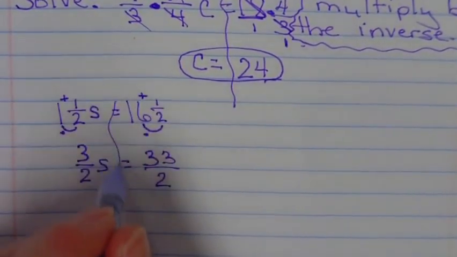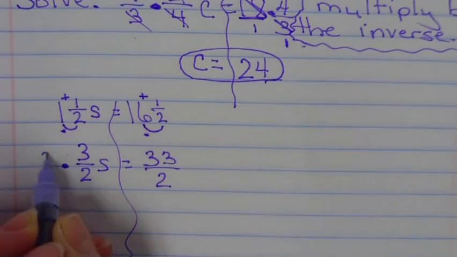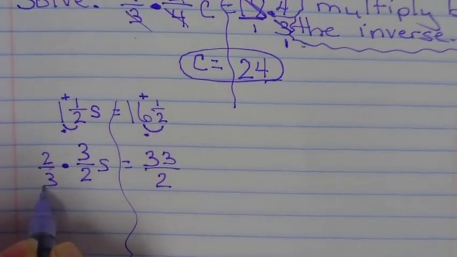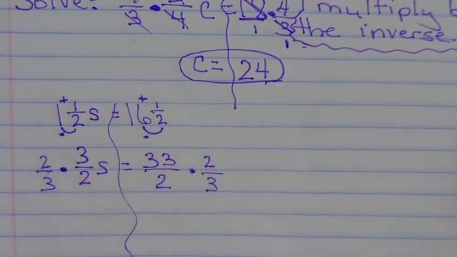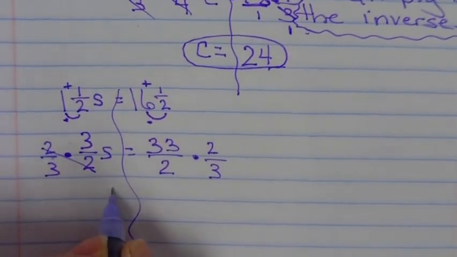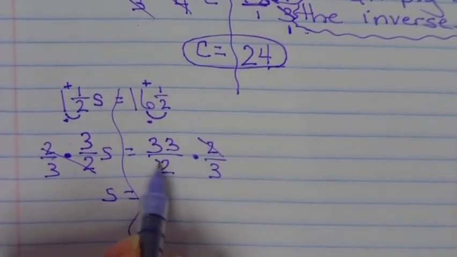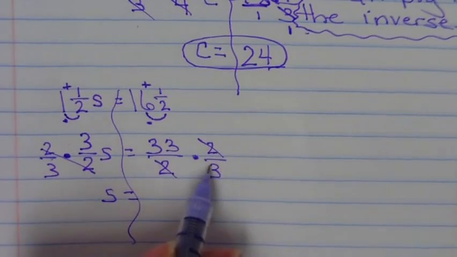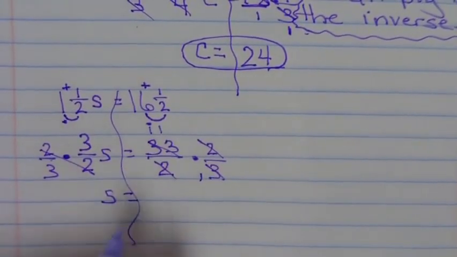Okay, oops, I forgot my ruler. Then what we do is we multiply by the multiplicative inverse to get the s alone. These cross each other out. We have s equals, the 2's cross each other out. 3 goes into 3 once, goes into 33 11 times.